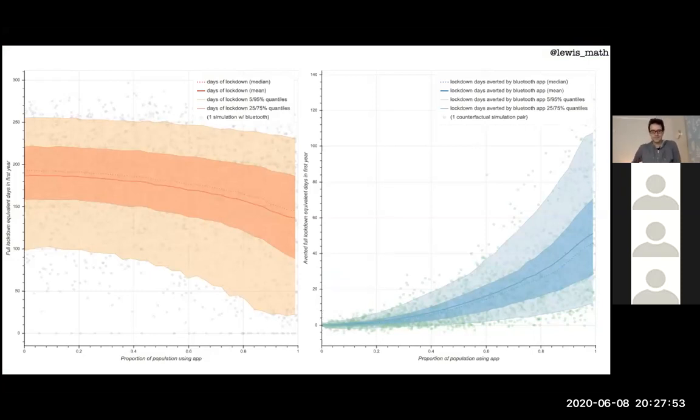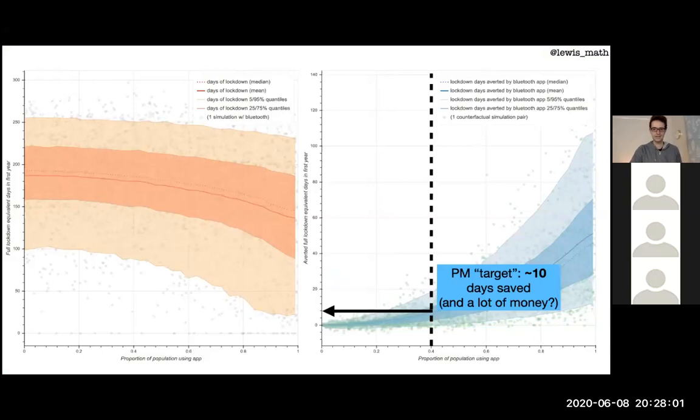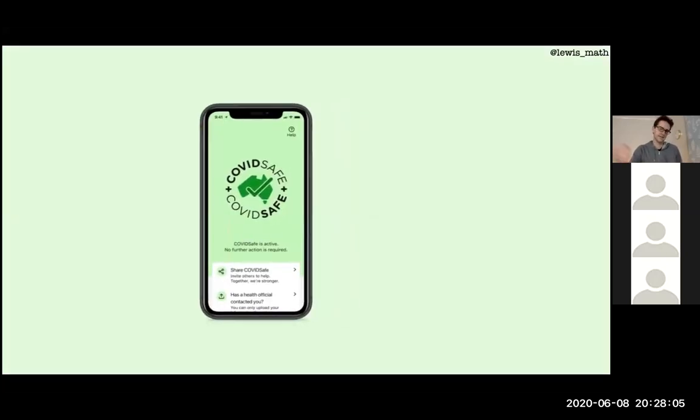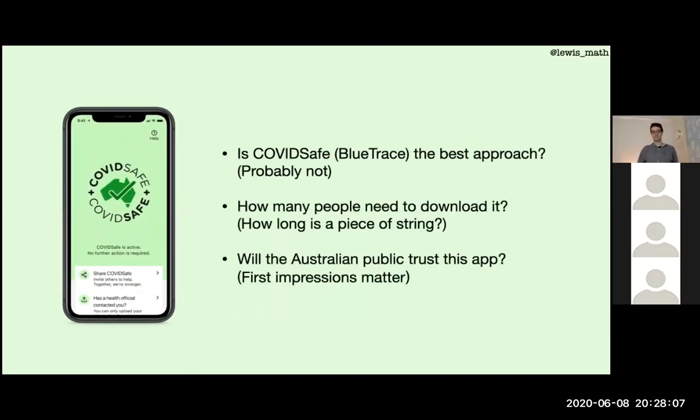So there's always benefit, but it becomes a different question of how you define success on this curve. If you make an economic argument about tens of billions of dollars of wasted weeks in lockdown, then 40% is great. And the big question is, will the Australian public trust this app, right?